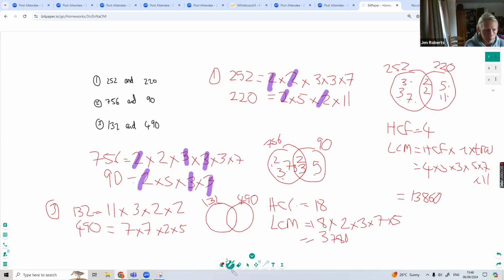So what occurs in both here? It is just that 2. Don't forget, we just need it in once because it's common to them both. Then you've got 2, 3, 11, and over here for your 490, you've got 5, 7, and 7.